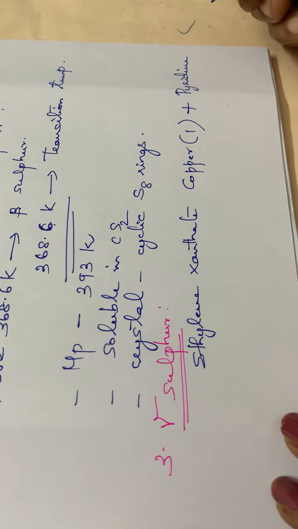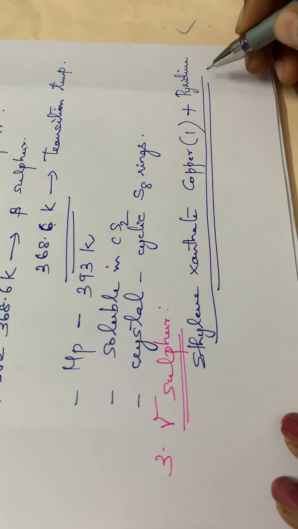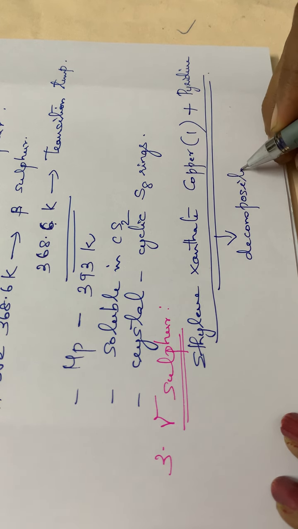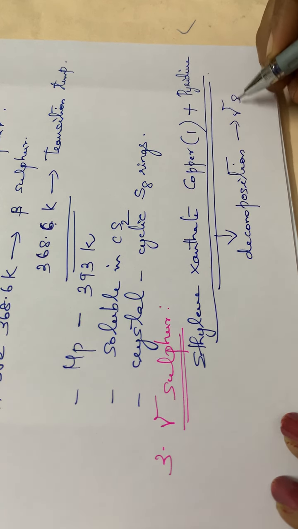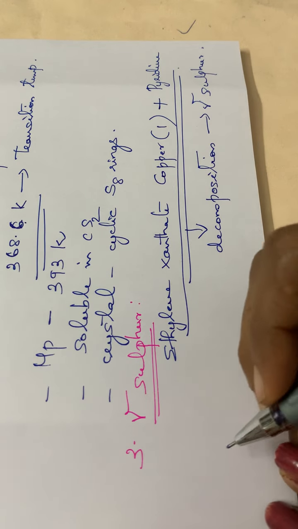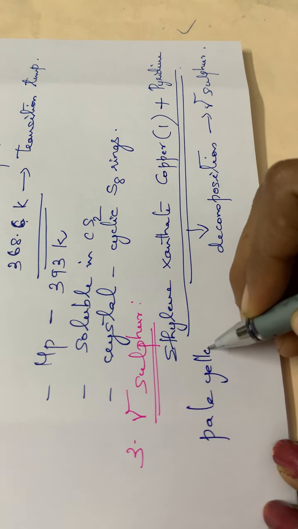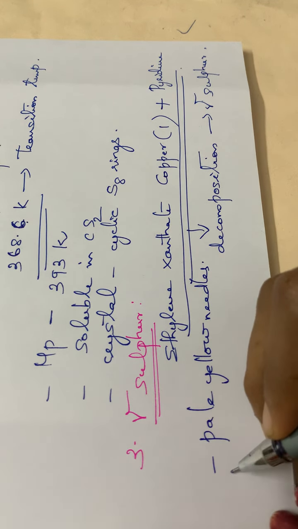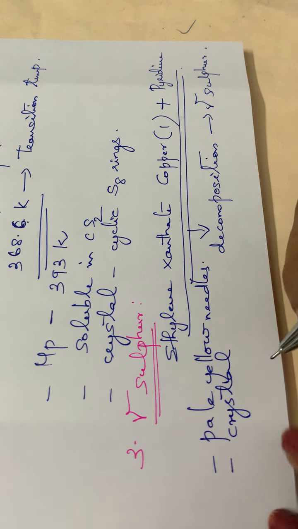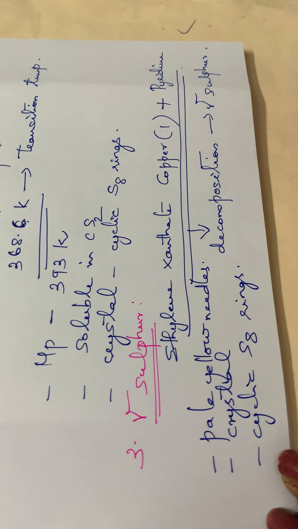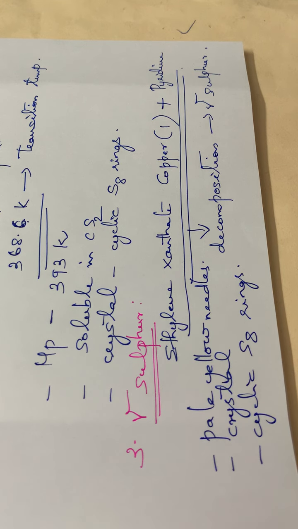When both are mixed together and decomposed, we will have gamma sulfur. This gamma sulfur exists as pale yellow needles. Here also it has a crystalline nature with cyclic S8 rings. So this is about gamma sulfur.